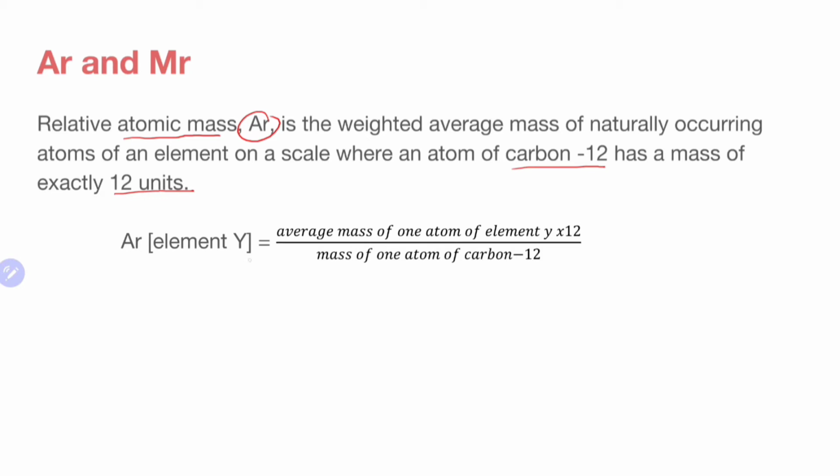AR of element Y is the average mass of one atom of element Y times 12. This times 12 comes from 1/12 times the mass of 1 mole of carbon-12.